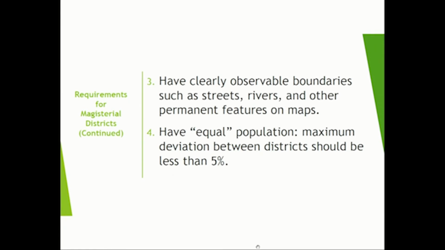We don't always achieve it, and there can be a maximum deviation between the most populous and the least populous district of 5%. But it should be less than 5% spread between the most and the least populous district. We're always trying to achieve equality. You can never get there. It's virtually impossible to get there, but that's certainly the goal.